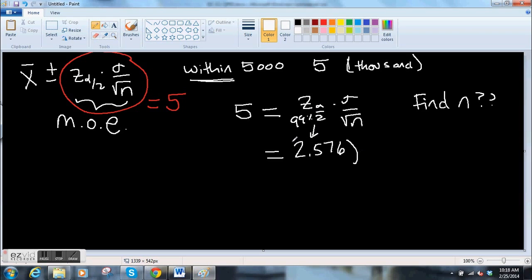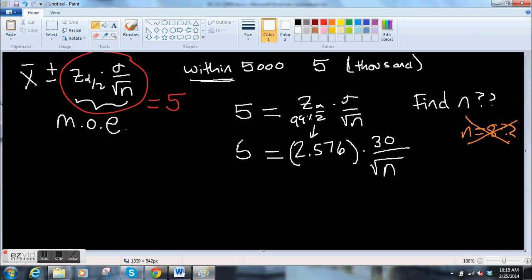We have sigma equal to 30,000, but everything's in thousands for this problem. And n is what? Some of you are probably thinking, I thought n was 8. No, because that was for the previous sample. Now we're saying if we were going to do it again, what sample size would we need?